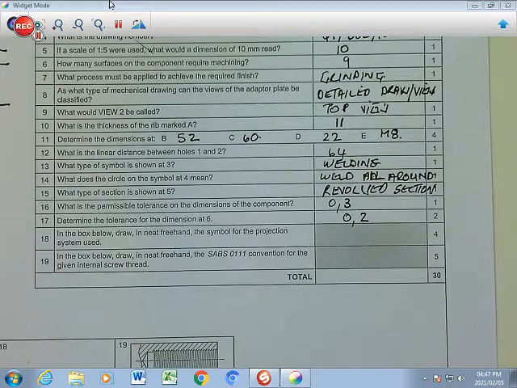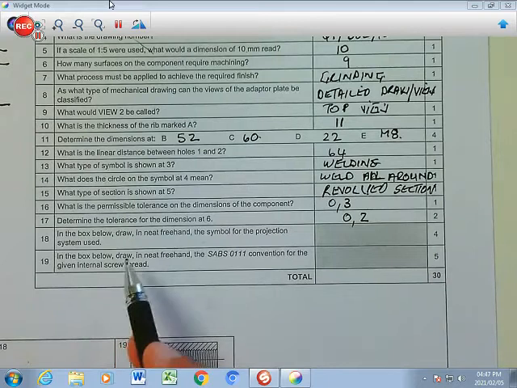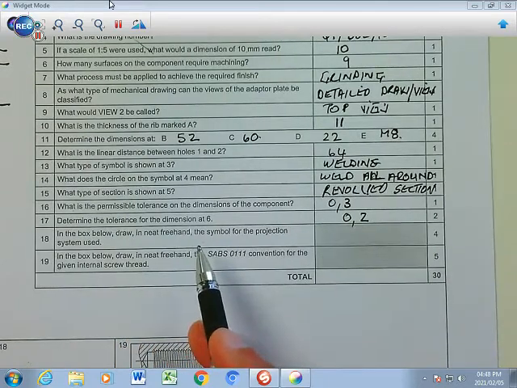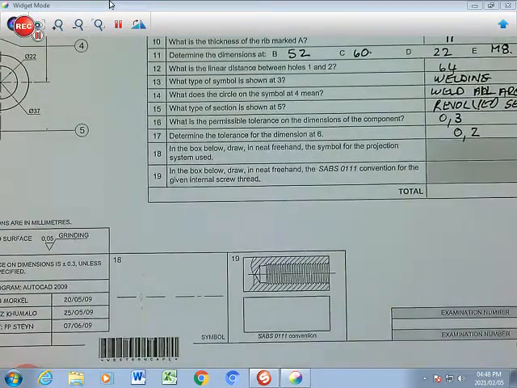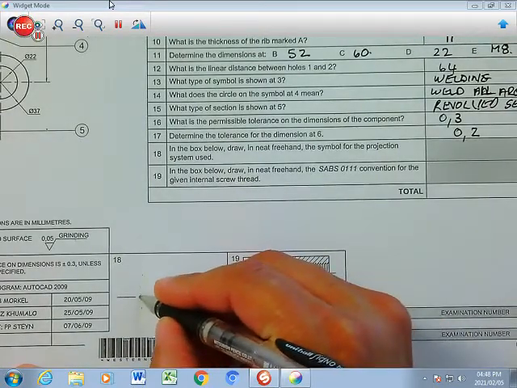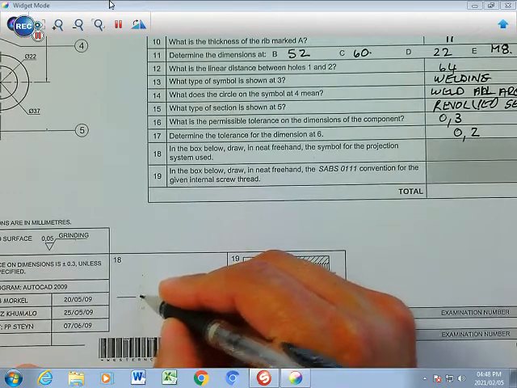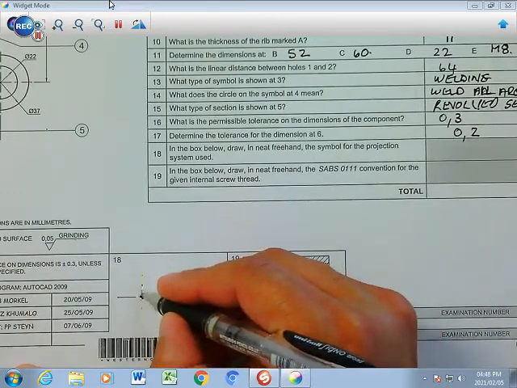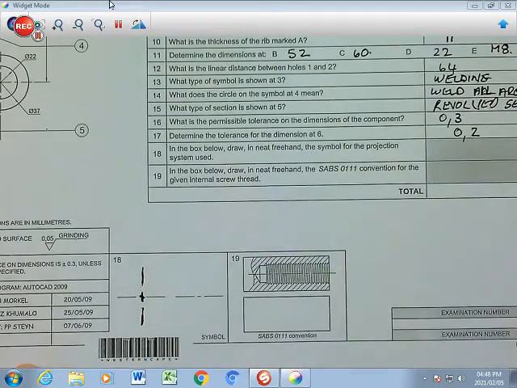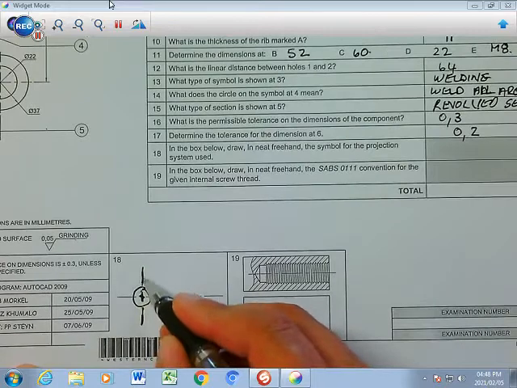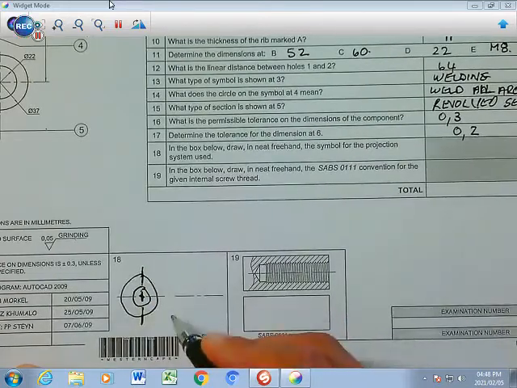Okay. Let's look at the last two questions. Number 18. In the box below, draw a neat freehand the symbol of the projection system used. We've done this before in our previous exercise. It's normally asked in grade 12, but we're going to be asking this in grade 11 as well. So you identify the little small line there, and you're going to cross that line there, and you're going to put a long line there and a long line there, and then small circle, big circle, right?